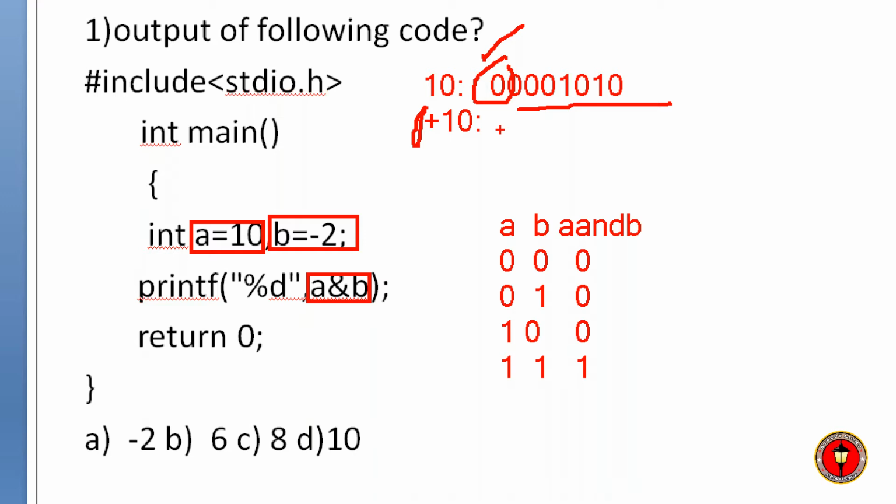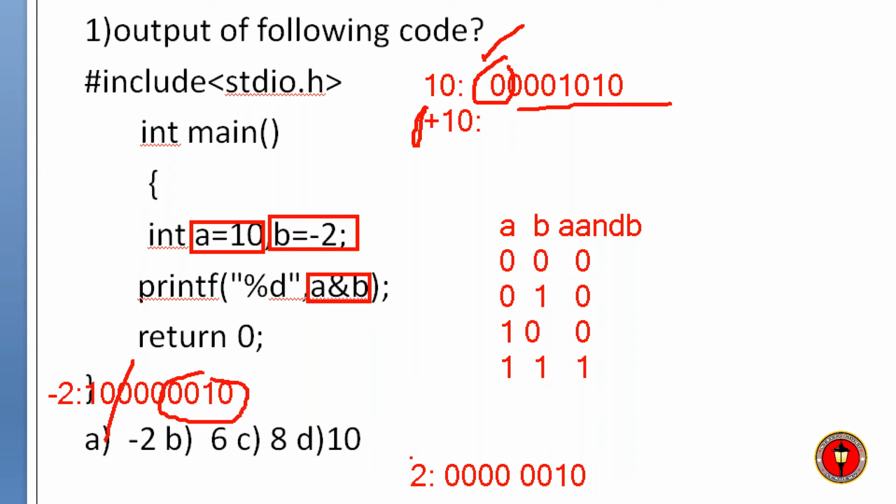And what about minus 2? Generally, if the number is 2, we can represent it as 0000 0010. But if the number is minus 2, the MSB bit is 1 and the remaining bits are the magnitude.